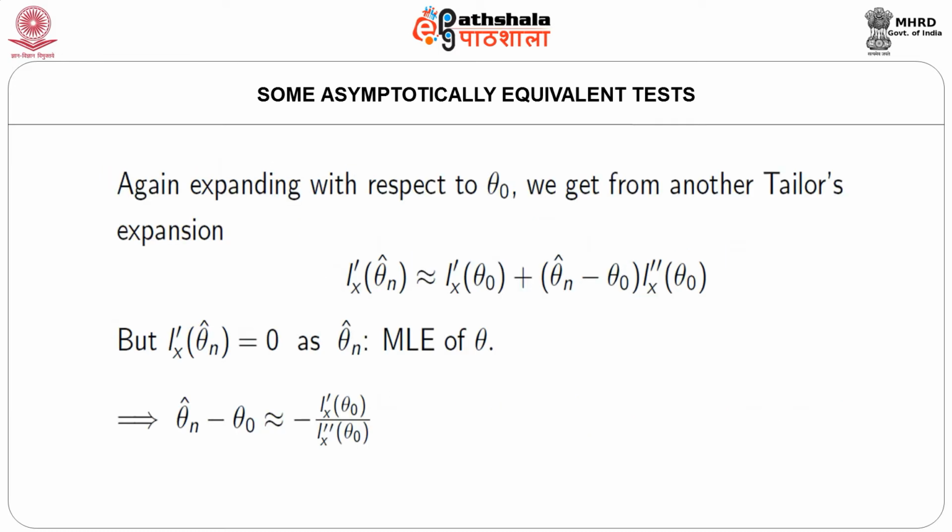Again, expanding with respect to theta naught, we get from another Taylor's expansion that small l_x prime(theta_n hat) is approximately equal to small l_x prime(theta naught) plus (theta_n hat minus theta naught) times small l_x double prime at theta naught.